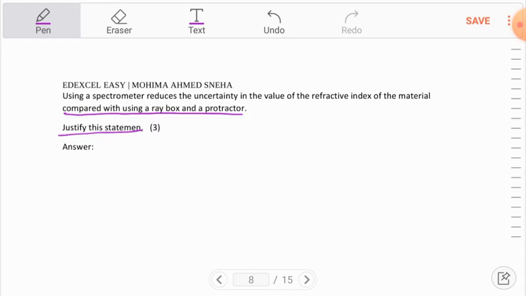Also, when white light travels from air to glass, the ray box beam has a very thick diameter, whereas the collimator releases light that is very narrow with a really small diameter. So the measurement of angles would be more accurate with the narrow beam than with the ray box. So let's write the answers below.